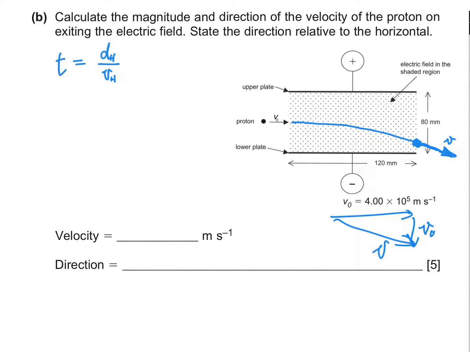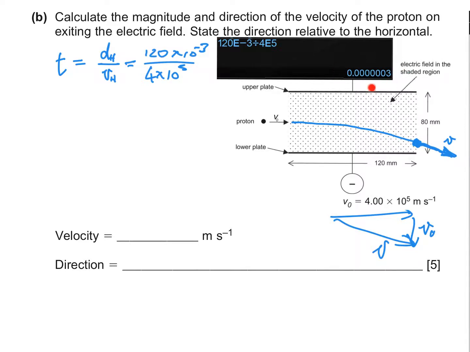The time in the field is the horizontal distance divided by the horizontal velocity: 120 times 10 to the minus 3 divided by 4 times 10 to the 5. That gives a very small time of about 0.3 of a microsecond, so 3 times 10 to the minus 7 of a second.